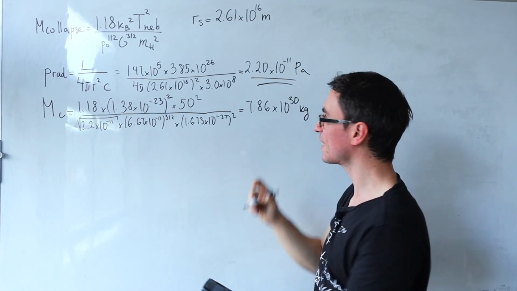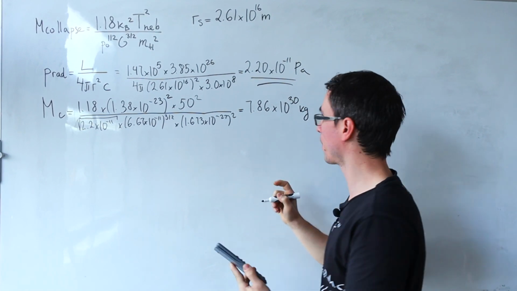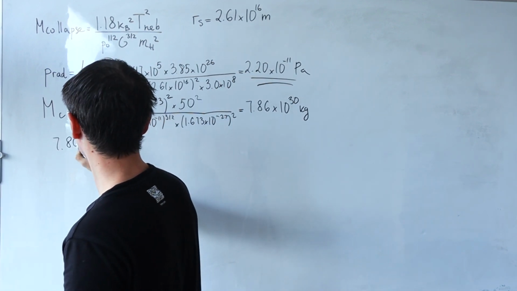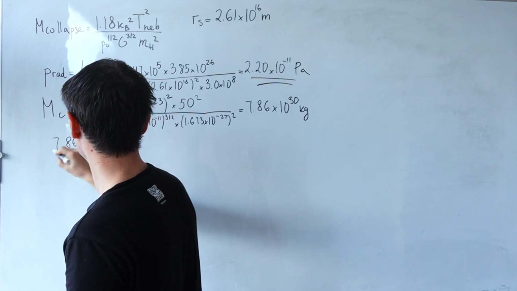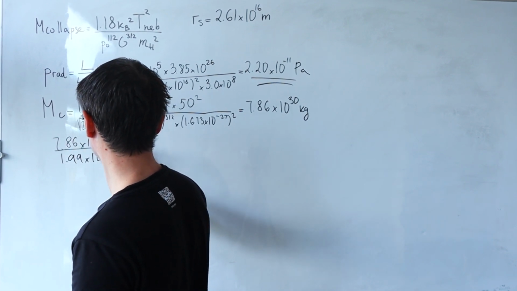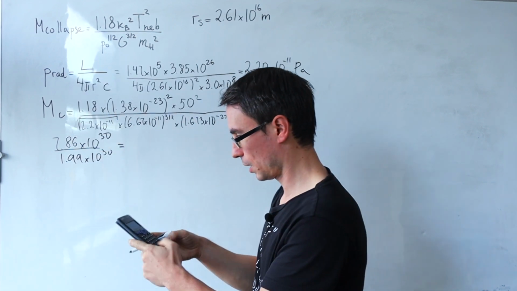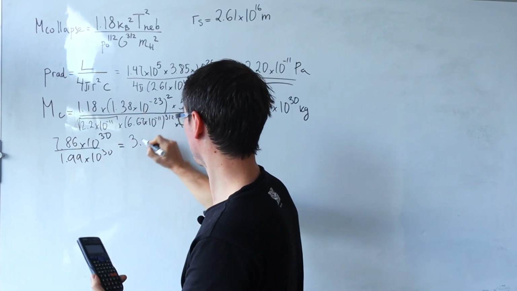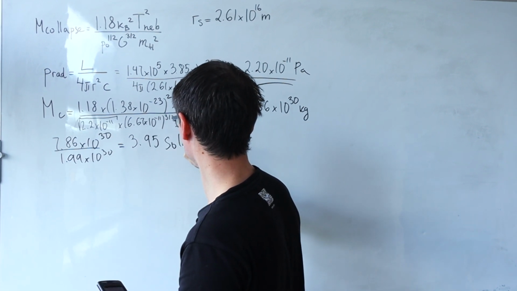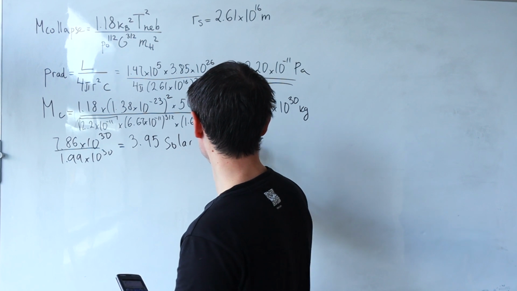Now let's take this number and divide it by the solar mass, so 7.86 times 10^30, divided by the mass of the sun, which is around 1.99 times 10^30, and let's see what we get. And that's going to give us around 3.95 solar masses. How amazing is that?